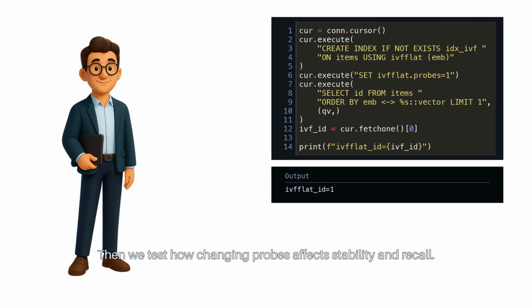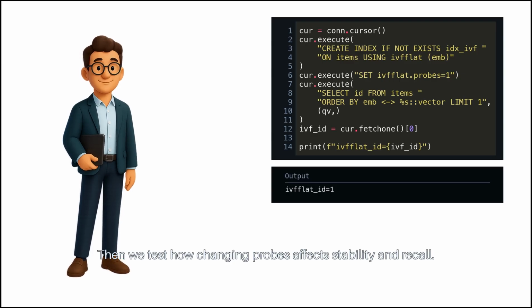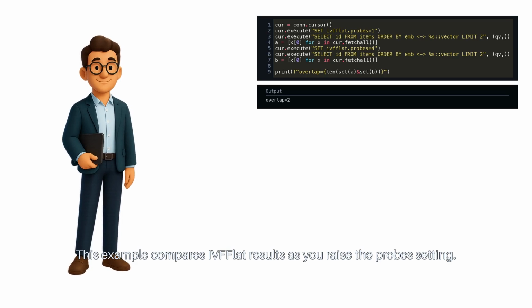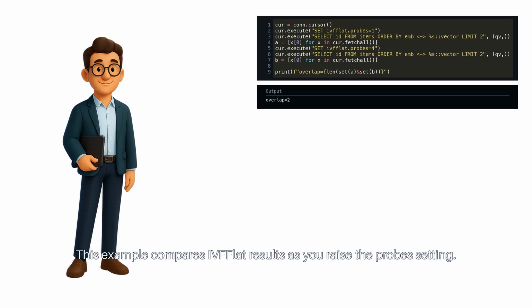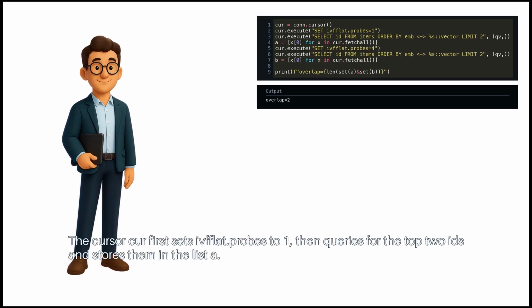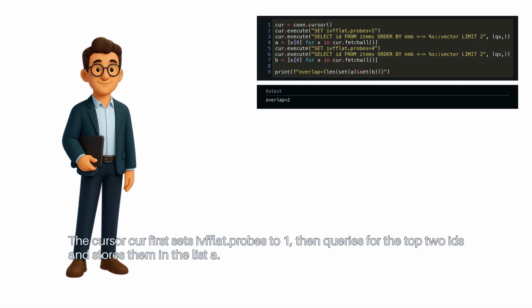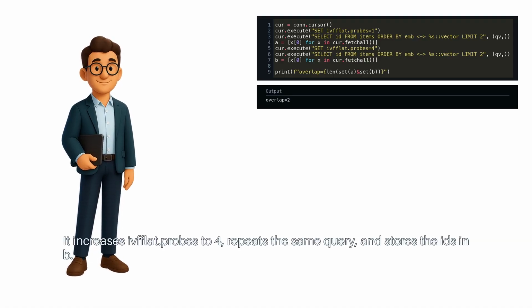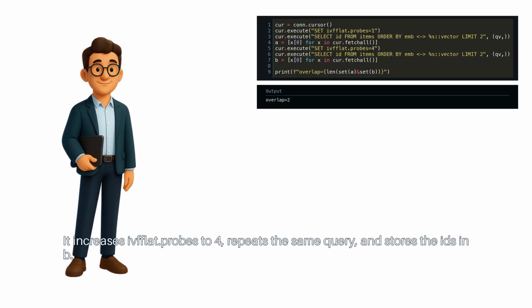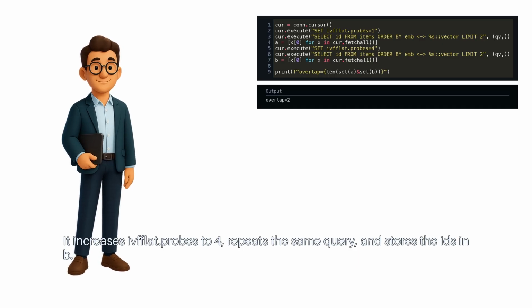Then we test how changing probes affects stability and recall. This example compares IVFFlat results as you raise the probe setting. The cursor cur first sets ivfflat.probes to 1, then queries for the top 2 IDs and stores them in the list a. It increases ivfflat.probes to 4, repeats the same query, and stores the IDs in b.